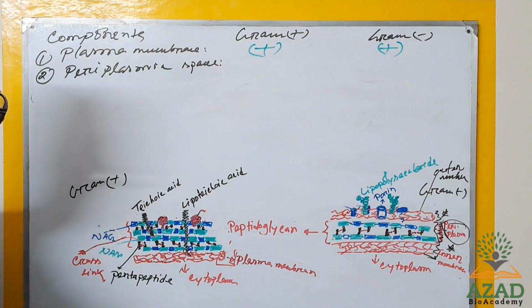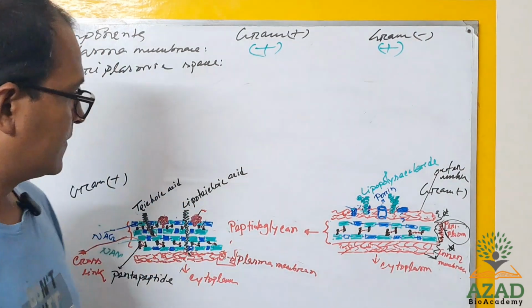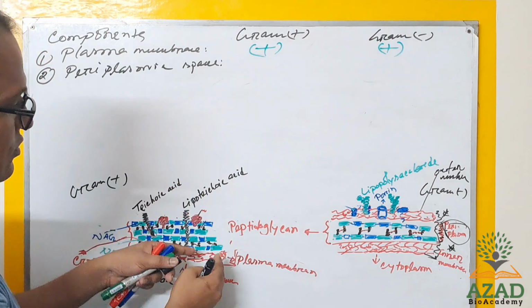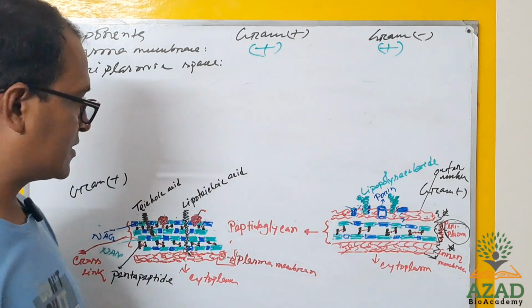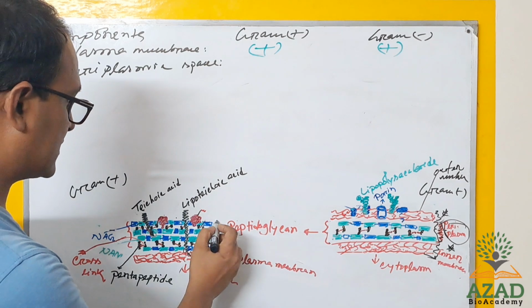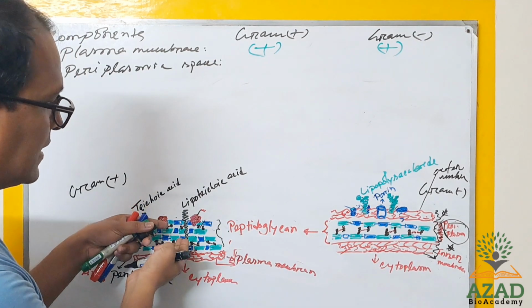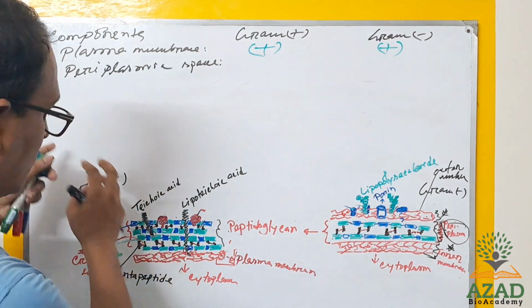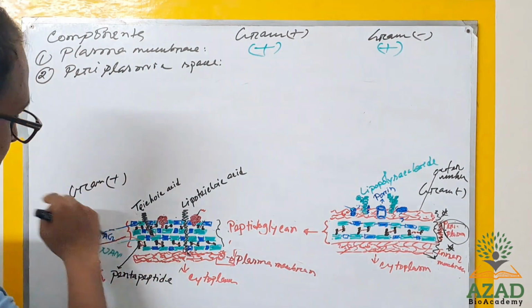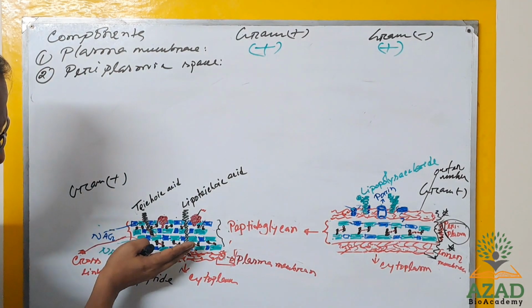So if there is no outer membrane, how do I define the space between inner and outer? If I consider this the inner membrane, the plasma membrane, and this the another layer, the peptidoglycan layer, which I will discuss just after this point, where is the space? It is very difficult to define.